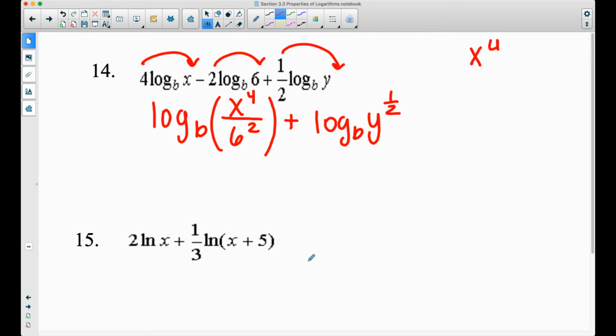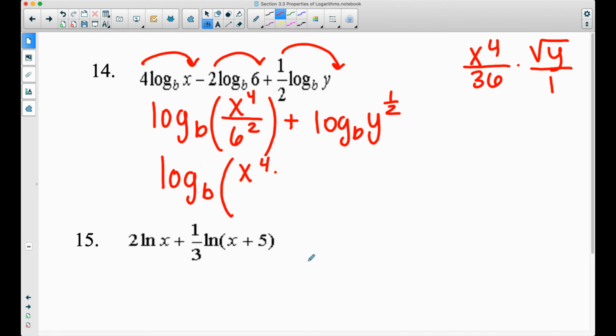If I'm multiplying, that's technically over 1, so if I multiply straight across, it goes in my numerator. So I have log base b of x to the 4th times the square root of y over 36. That makes sense because in the other problems, when we distributed our negative, it would have been negative here if it had been in the denominator. So that helps to work left to right.